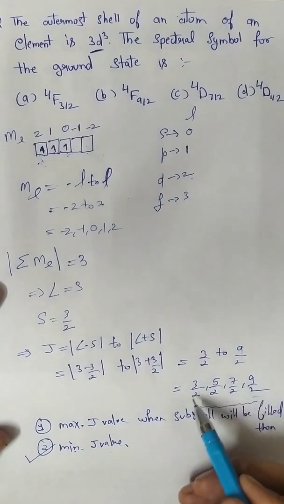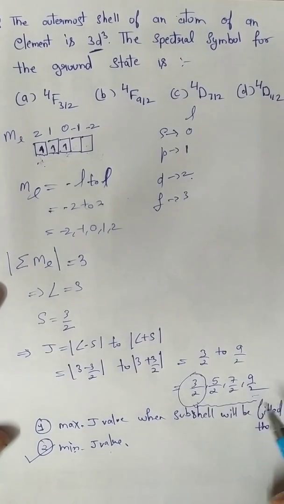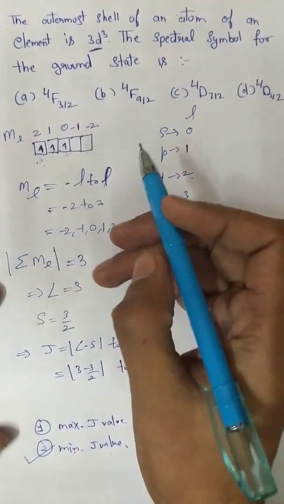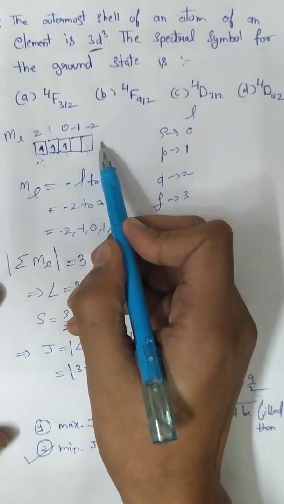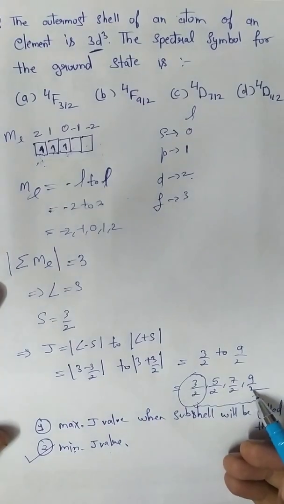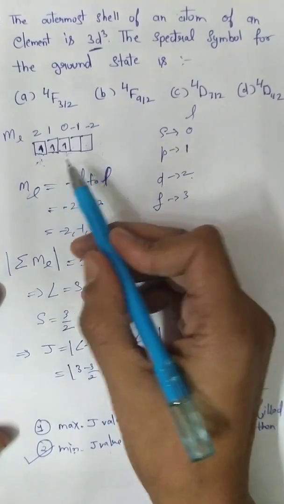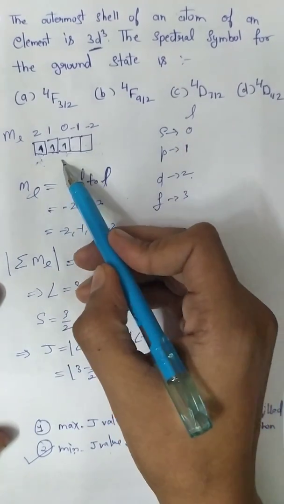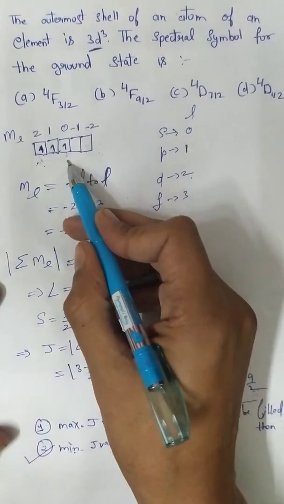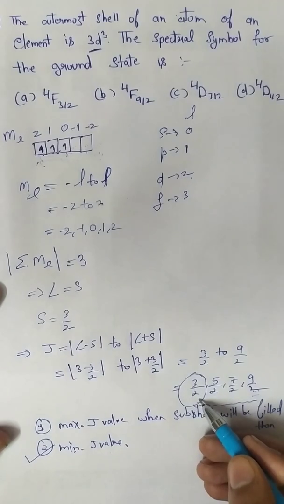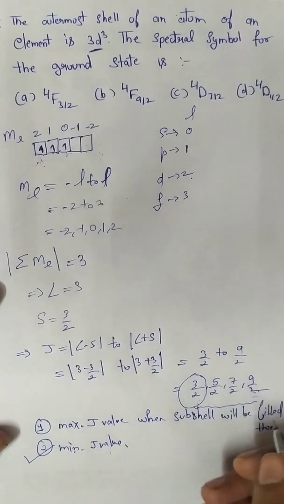So we will take the value 3 by 2, not 9 by 2. Let me take the second case. If the subshell was filled more than half, then we would take 9 by 2. If there were more than 5 electrons in the subshell, then we could take 9 by 2. But here, because it's less than half, we are considering 3 by 2. So we have the j value 3 by 2.